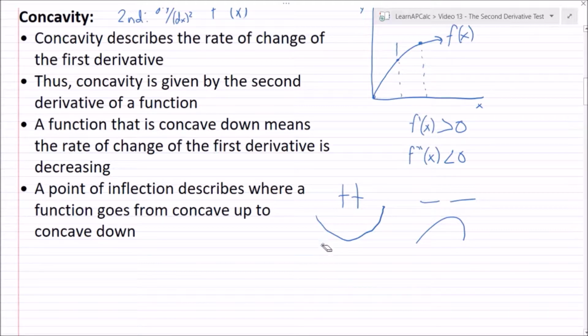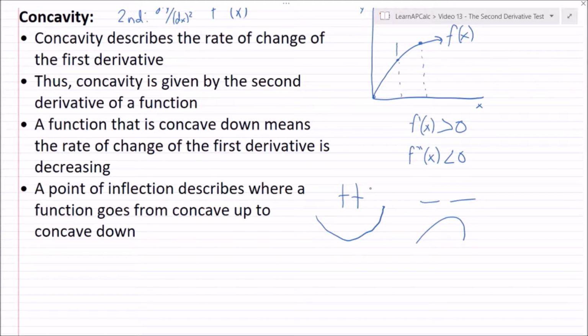We can see that for concave up it's positive, and here for concave down it's negative. So if you're ever trying to think about it, just remember that up is happy and down is sad.